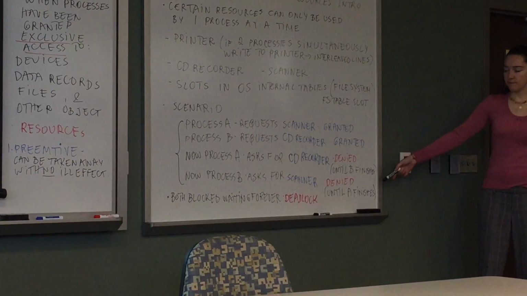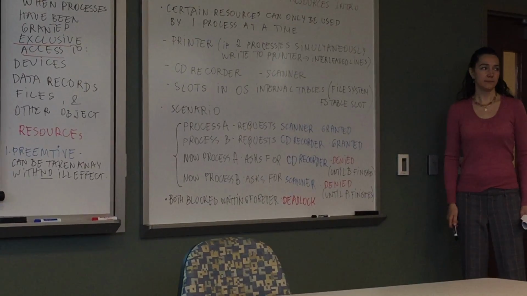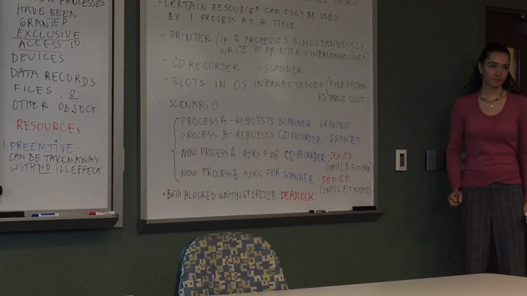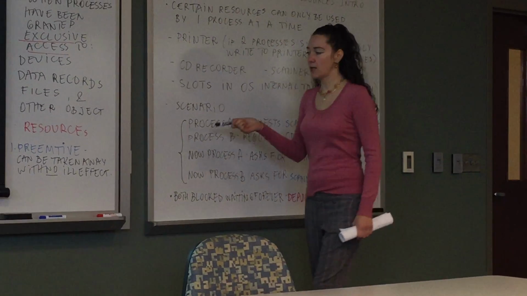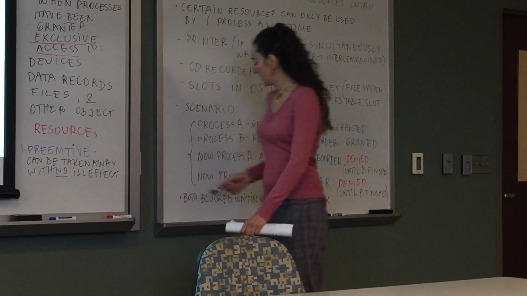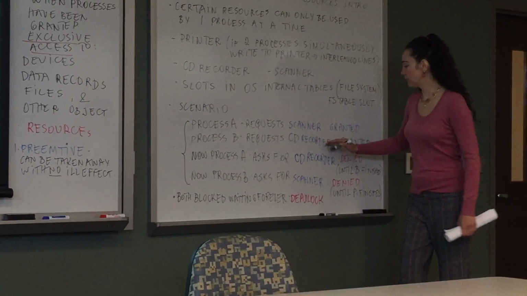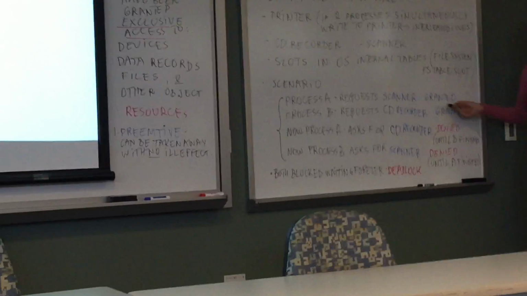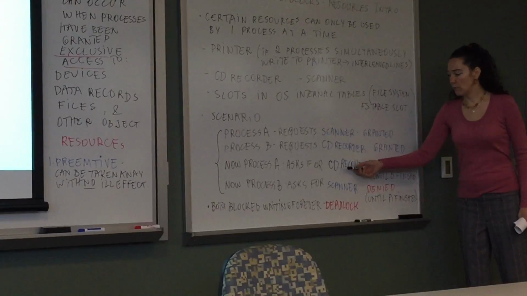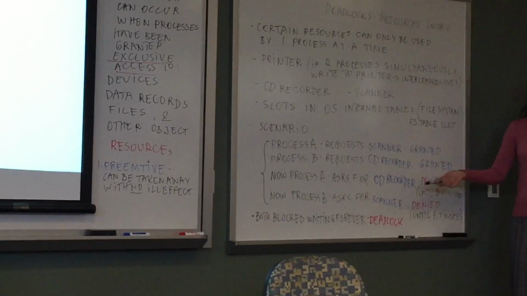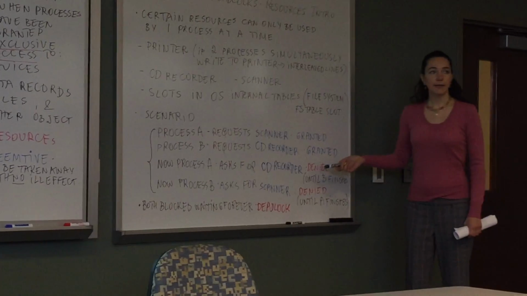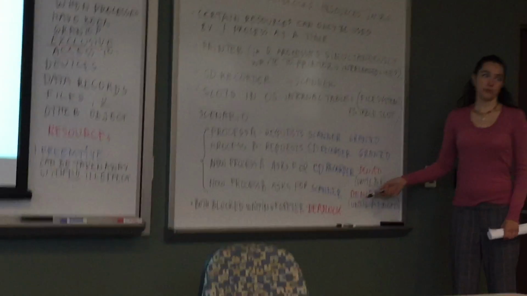Or are we going to leave them deadlocked forever? So that's the reason we want to take one of them away. If we take away the CD recorder from process B, then A will ask for it, it will get it, it will have both of them, and it will finish running. And later on, B can get both of them and also finish running.